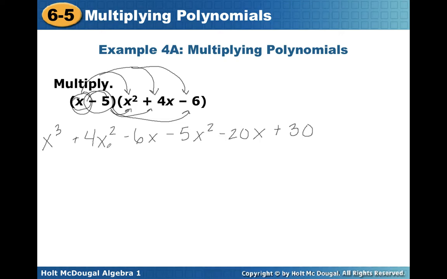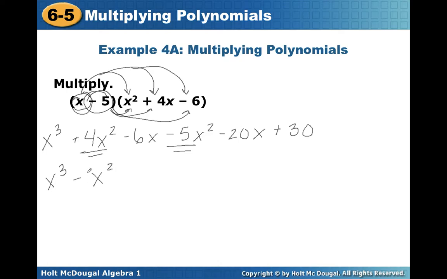Now, when we have a problem like this, it is a long answer, but you should be able to combine like terms. Notice this x cubed has nothing else it can combine with, so it just stays x cubed. 4x squared and negative 5x squared can be combined to get me negative x squared.